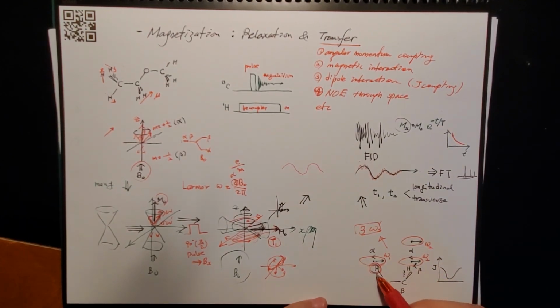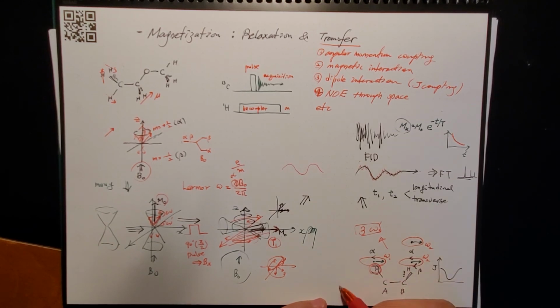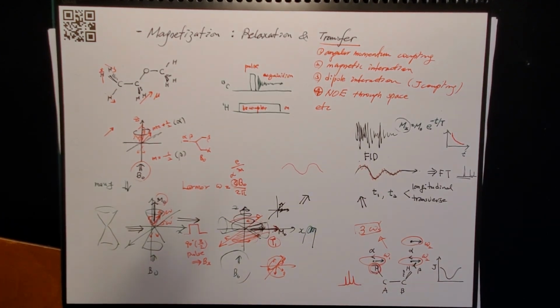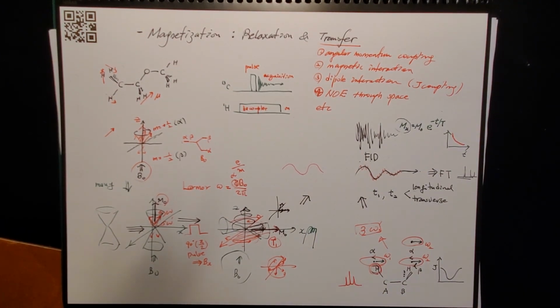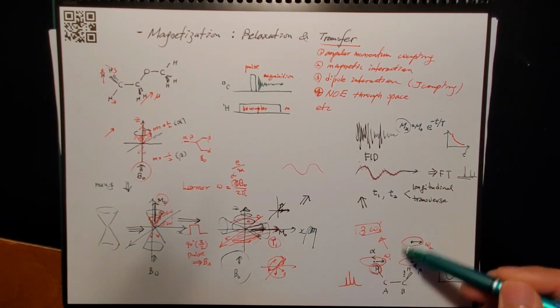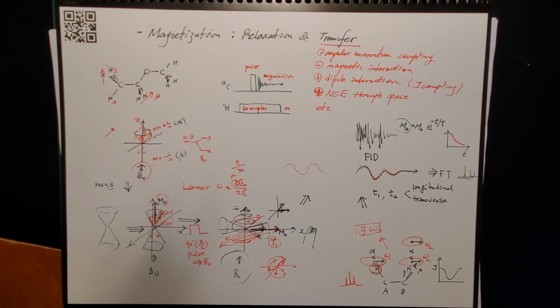Then your NMR signal for this hydrogen with the two neighbors should be three different frequencies. The result of the influence of these two hydrogens being in alpha or beta gave the difference of the spin angular speed and the frequency.